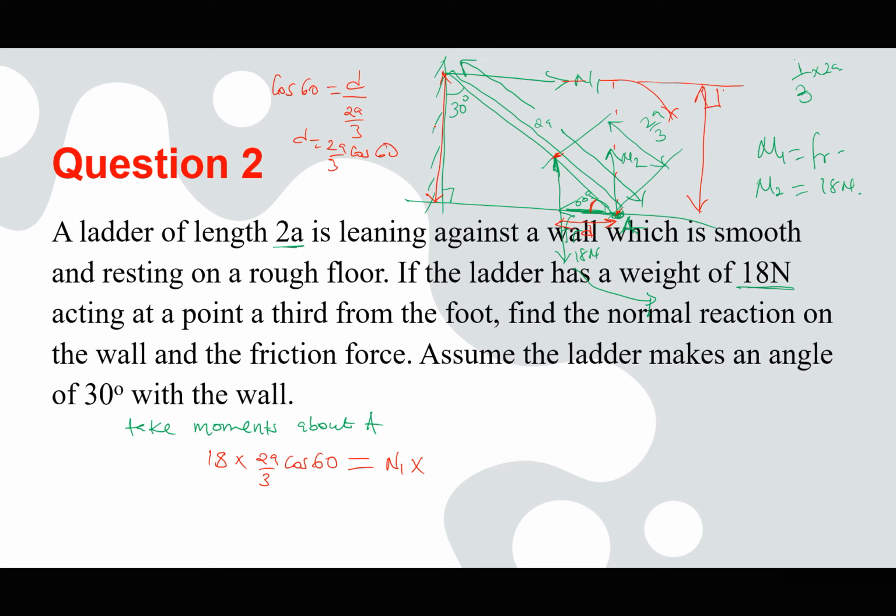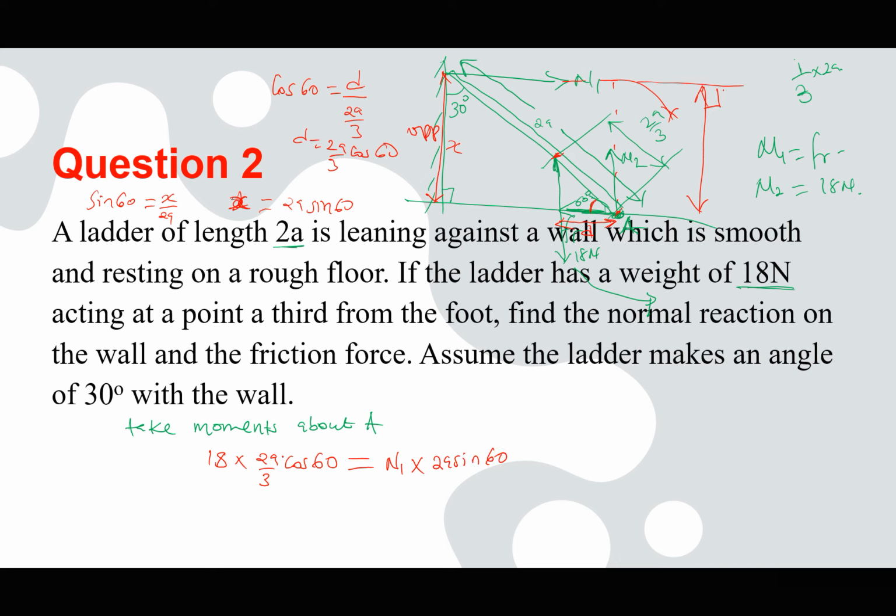Let me call it x. This is the perpendicular distance for N1 from A. Using 60, x is the opposite and the hypotenuse is 2a, so sine of 60 is x over 2a. So x is 2a sine of 60. So this is N1 times 2a sine of 60.